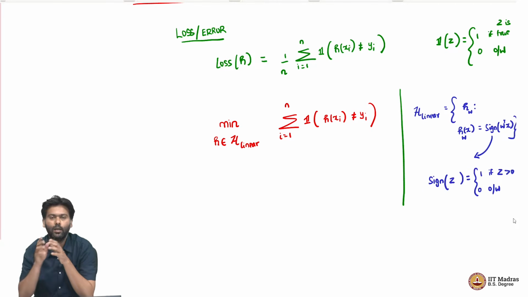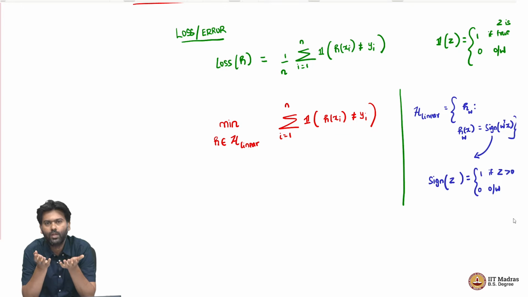So basically you are still linearly combining the features by doing w transpose x, and then asking what is the sign of this quantity. So you are thresholding it at 0. If it is greater than 0, then the class that h will predict is positive, otherwise it is negative.